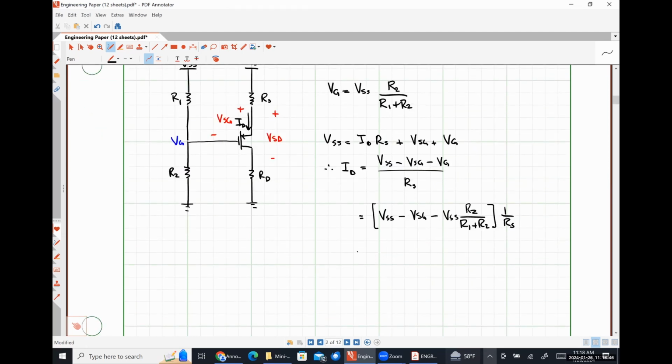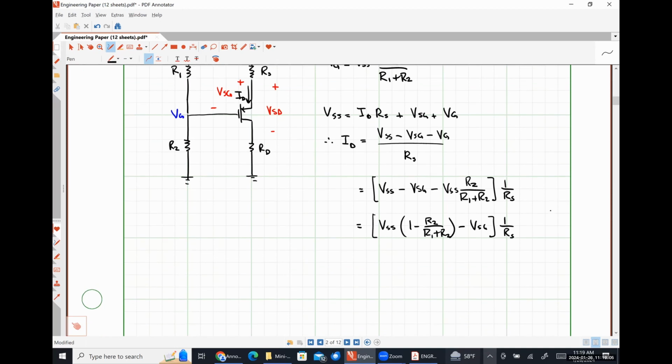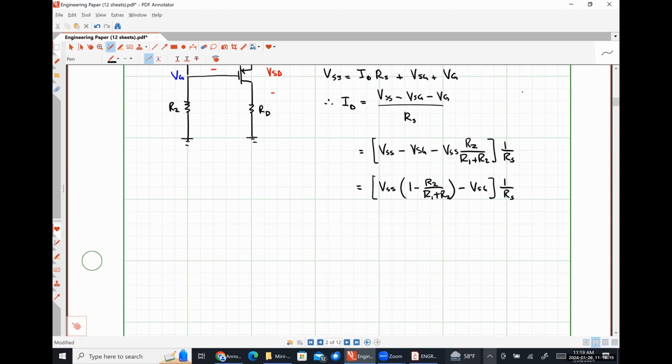And then going one step further, we can see that we have VSS times 1 minus R2 over R1 plus R2, minus VSG. And as it turns out, 1 minus R2 over R1 plus R2 is the same thing as just R1 over R1 plus R2. So we can get rid of something there.